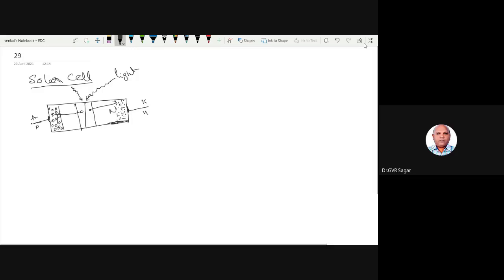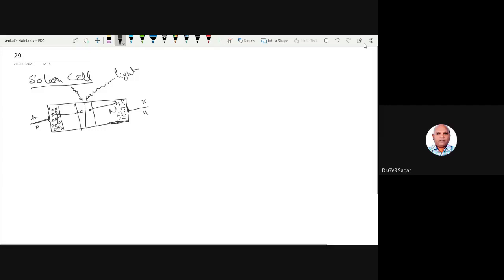It is not a simple PN diode, but the junction is a simple PN, where N is formed with a different material and P is formed with a different material. The phenomenon of these materials is such that whenever the covalent bond breaks down here, the holes move away from the junction towards the P region and are accumulated here, and the electrons move away from the junction towards the N region.